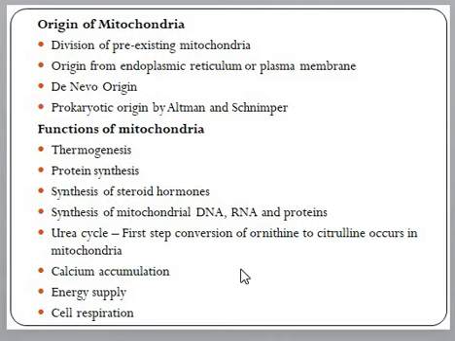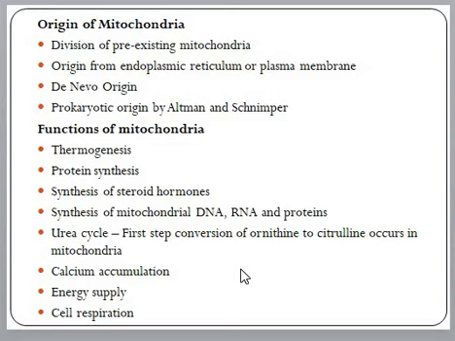Coming to the functions of mitochondria, they include thermogenesis, where they help to maintain the temperature of the organism. They do protein synthesis since they have ribosomes. They do the synthesis of steroid hormones. They have mitochondrial DNA, RNA, and proteins. They are involved in the urea cycle.